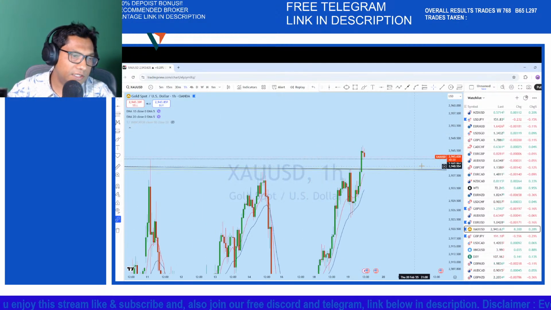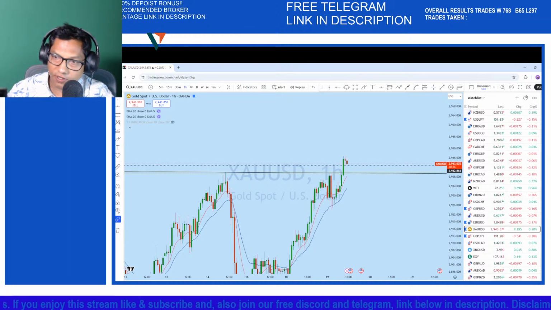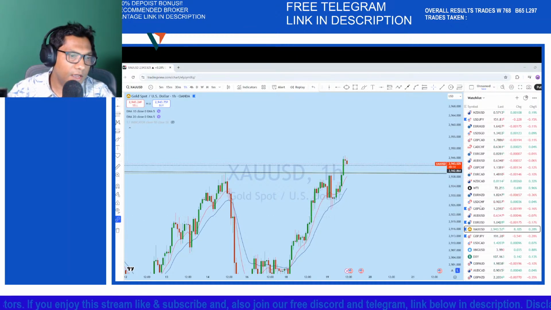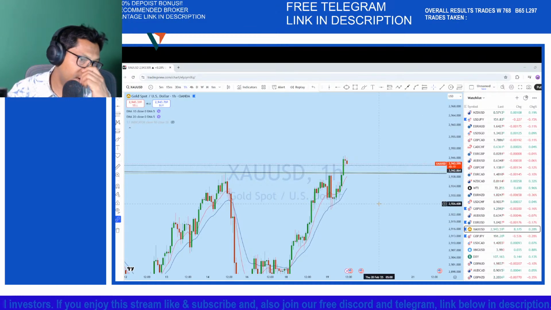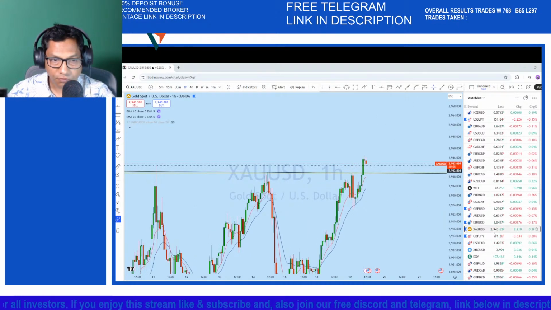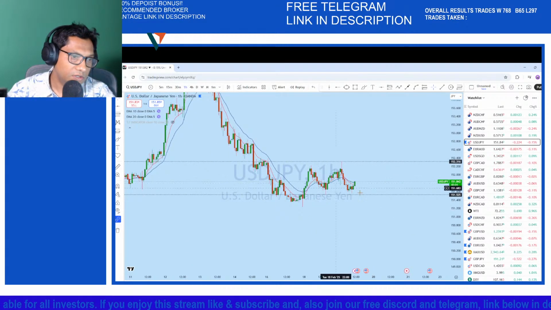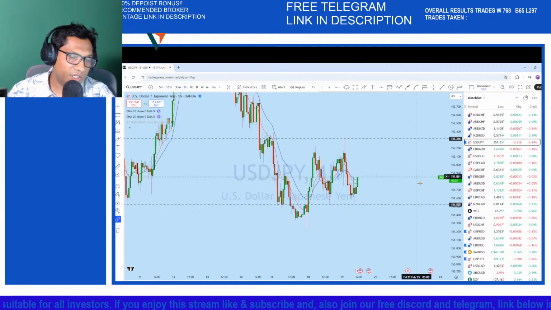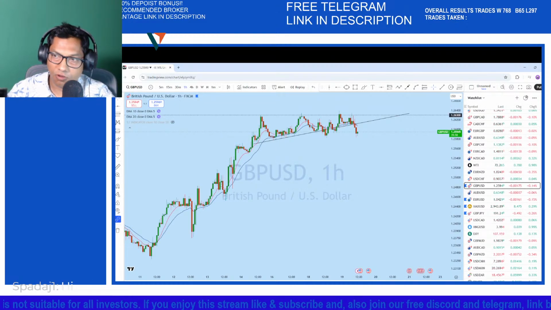In this volatility, which is good, the market is trending very nicely. There is an uptrend currently on gold, and dollar yen was also trending. We had a very quick trade on dollar yen early today, and would like to see some good opportunity in this session also.